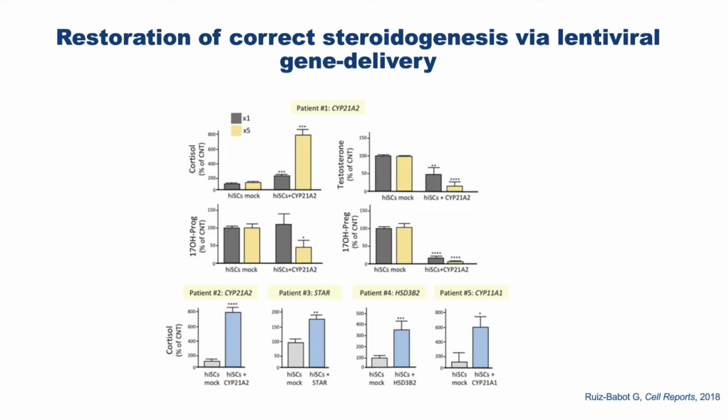And this was also replicated in other patients which had CAH due to mutation in another enzyme. And of course, if you overexpress STAR in a CYP21 patient, nothing happens, and vice versa. Of course, you need to replace the enzyme which is defective.